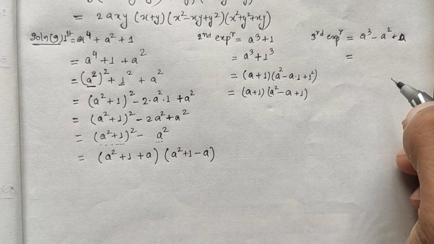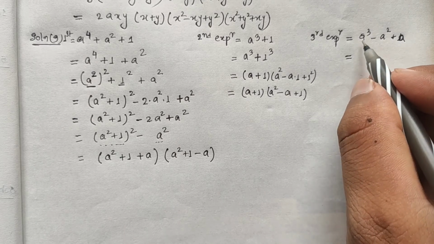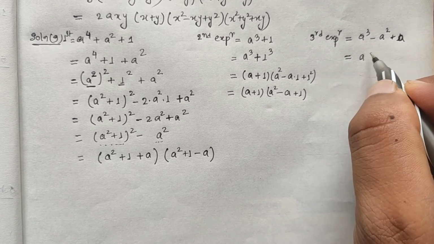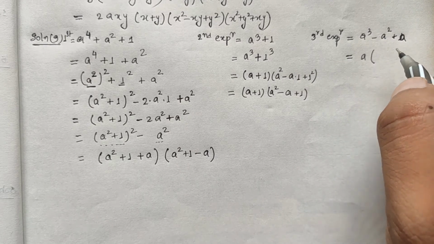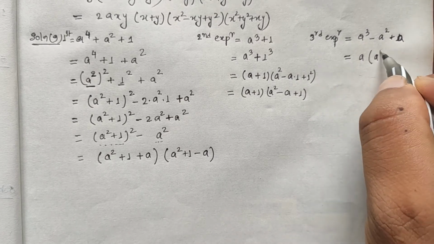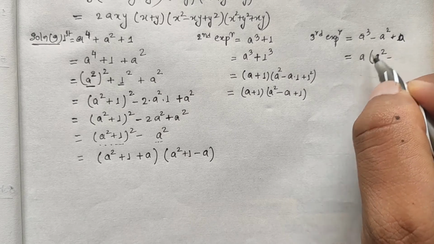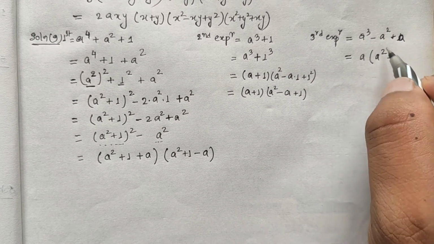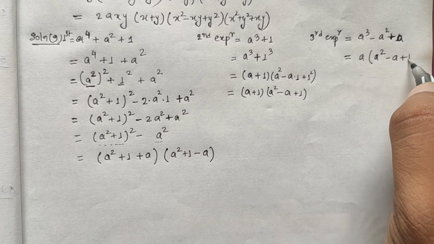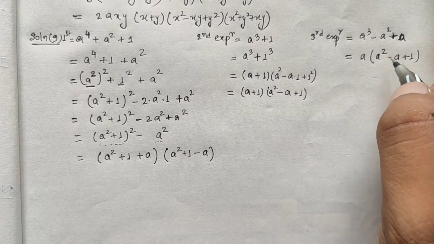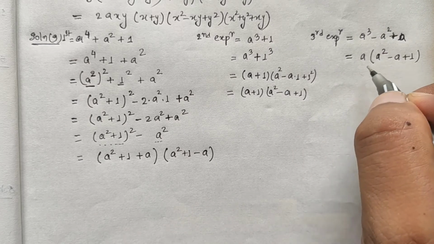Sorry for the question, it is a. So what you can do? You can just take a common in all the terms. Take out a, and what's the remaining? A square. What's the remaining here? A, and here? 1. You cannot solve it further, so that's your final result.